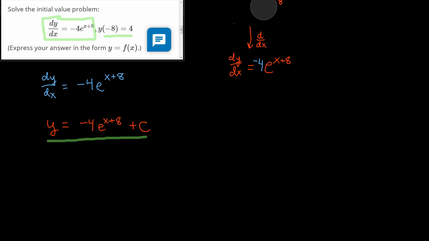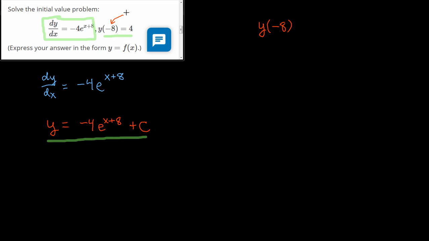The information they give me says that when I put -8 in for x, this is kind of non-traditional notation.